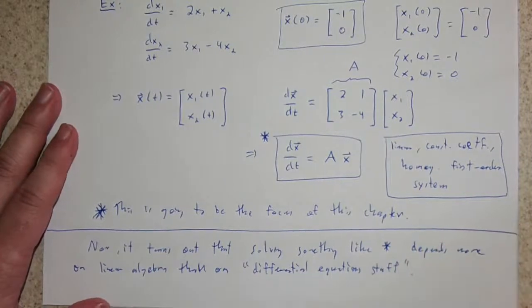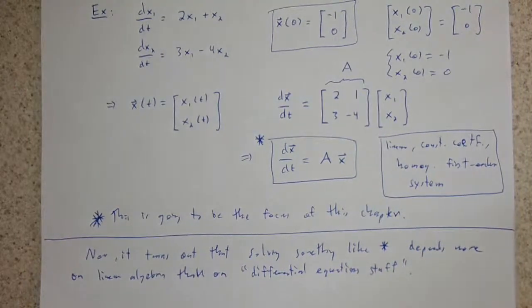Now this could be a little bit deceptive. Of course it's going to require a bunch of differential equation stuff, but a good analogy here is to think back to homogeneous constant coefficient second order equations, for instance. Once I tell you the process for assigning a homogeneous solution to a root of the characteristic polynomial, once you understand that process, then solving a homogeneous constant coefficient equation really just comes down to finding roots of a polynomial.